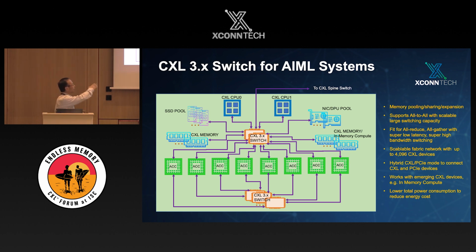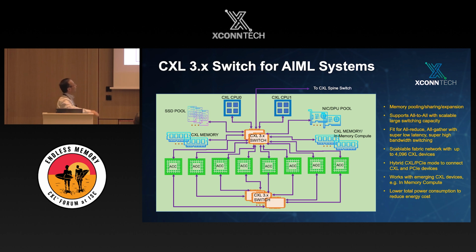All-to-all connection enables all these accelerators to fully exchange data between themselves. And through the CXL 3.x switch, the PCIe bandwidth is large enough to support all this, and you can have multiple switches to support this activity.